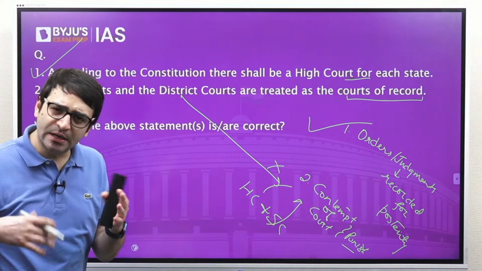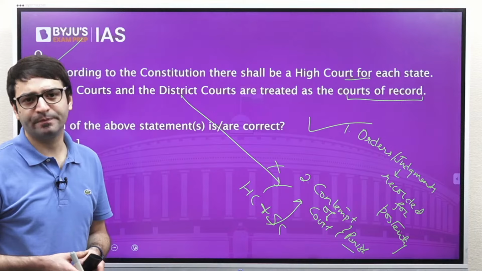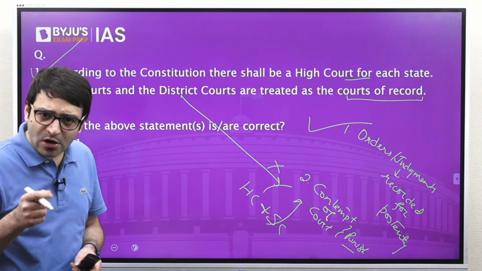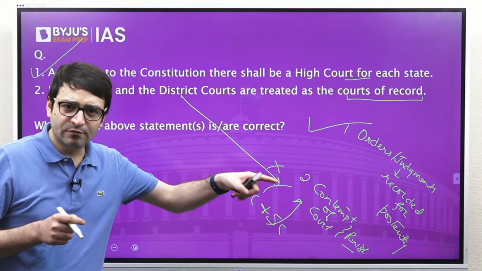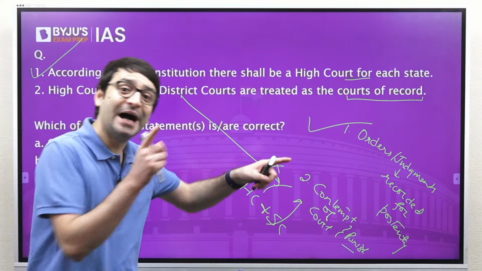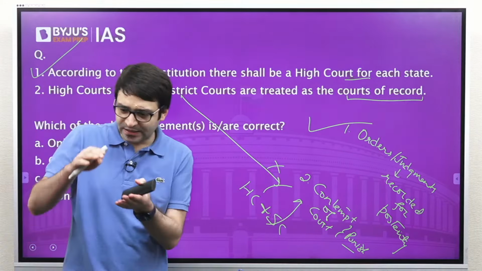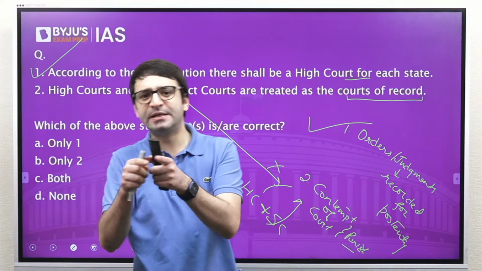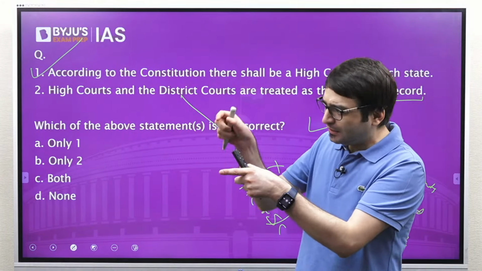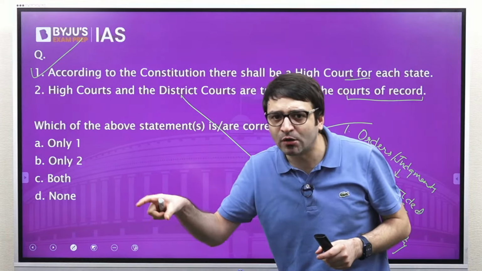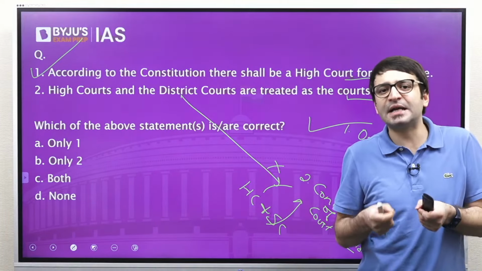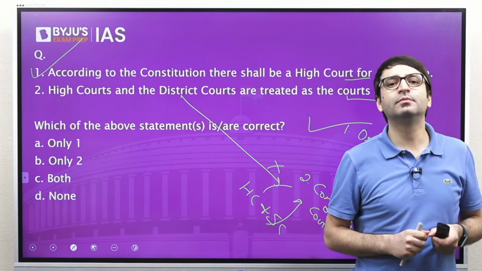Does that mean you can commit contempt of a district court? No. If you are committing contempt of a district court, then you can be punished for the contempt of court by the High Court. So there is a district court in Tamil Nadu. You are committing contempt of this court. The district court cannot punish you. But on behalf of the district court, the Madras High Court can punish you.